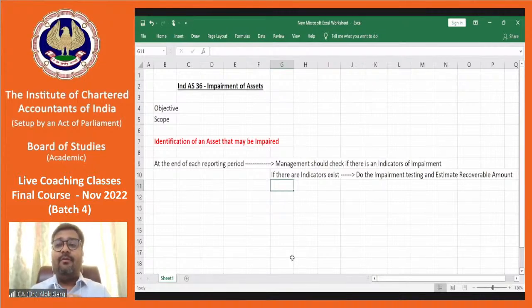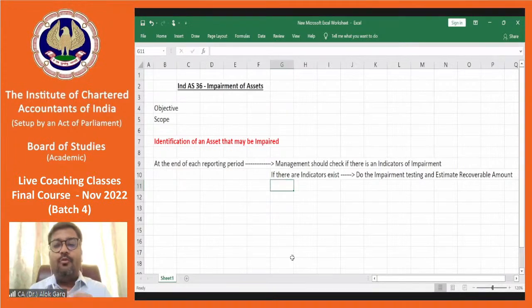And if the recoverable value is higher than the carrying value, then there is no problem. But if the recoverable value is lower than the carrying value, then the impairment was required to be charged in the profit and loss account, right? Is it clear? Yeah. So identification of an asset that may be impaired.